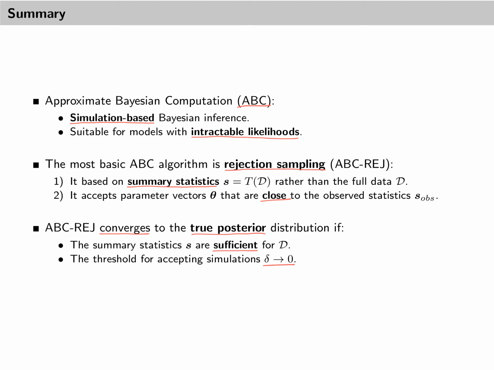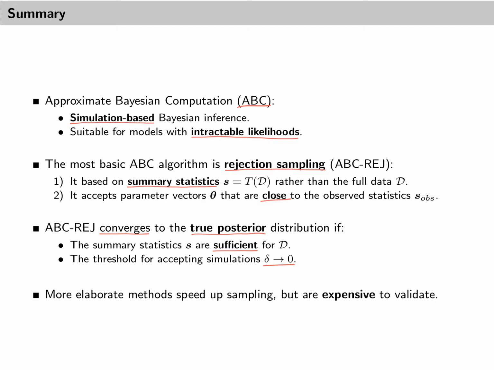While setting delta equals 0 would actually mean that the ABC posterior matches the true posterior distribution exactly, this is usually not feasible in practice. The reason for this is that the acceptance rate of the ABC rejection sampling algorithm is usually essentially 0 if delta is set to 0. This is certainly true if the summary statistics are continuous.